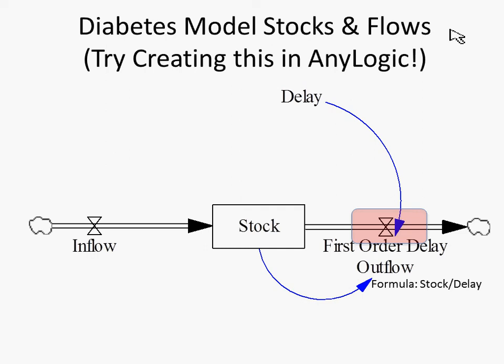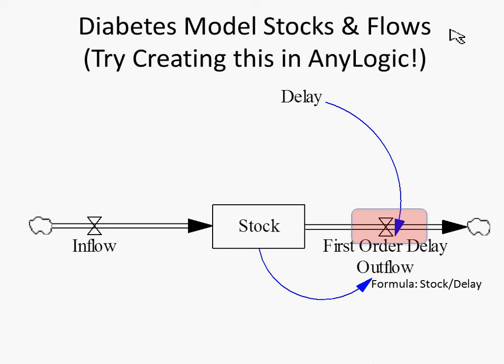If we total that up across person 1, person 2, person 3, the total number of people leaving the stock per unit time is stock divided by delay. That is invariant of how long they spend in that stock. As long as they're still in it, they have that chance of leaving.